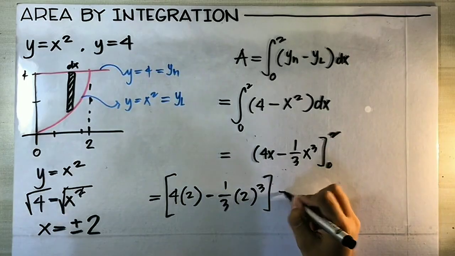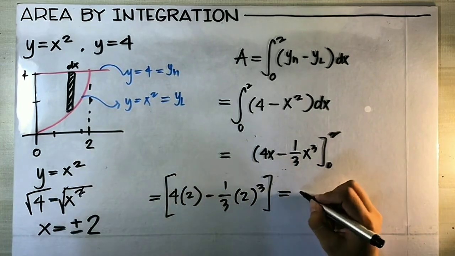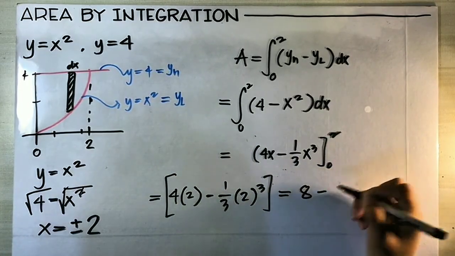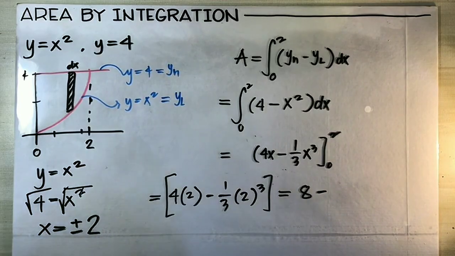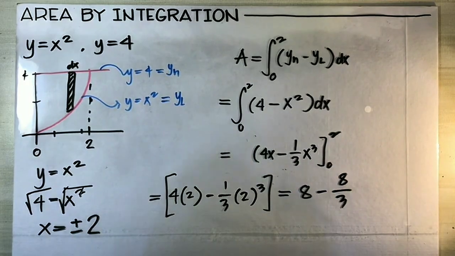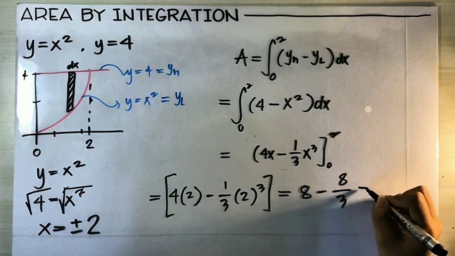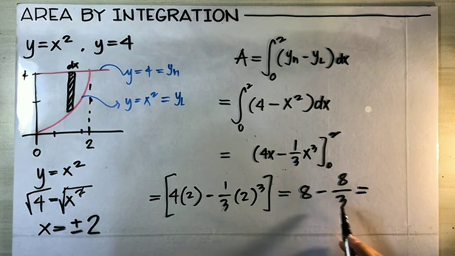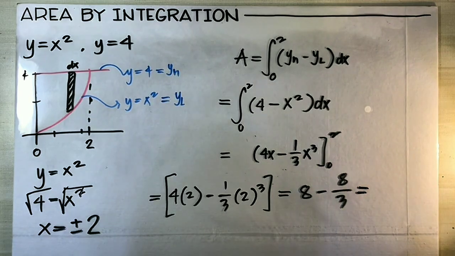And then this is equal to 4 times 2 is 8 minus, what is the cube of 2? That is 2 times 2, 4 times 2, 8. So 8 all over 3. So this is equal to 8 times 3, that is 24.